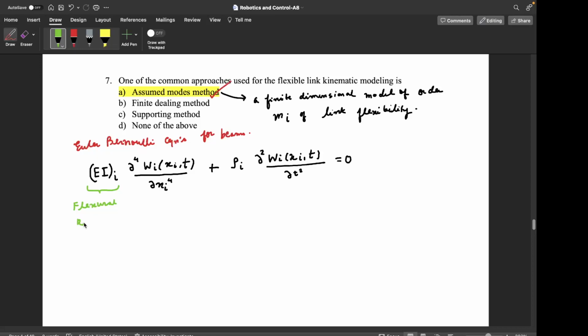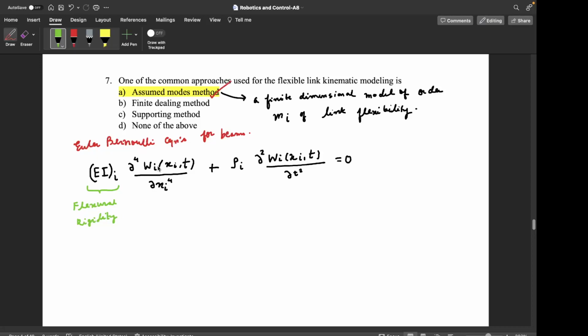Flexural rigidity is a quantity which signifies how easy or difficult it is to deform a beam. If the EI value is high, it will bend less easily, it's harder to bend, and if EI is less, it is easier to bend.